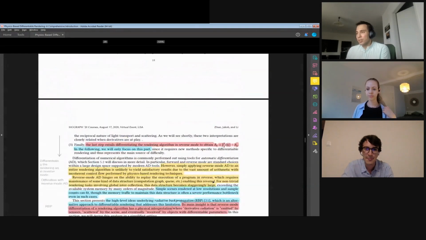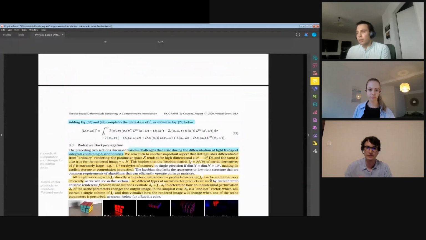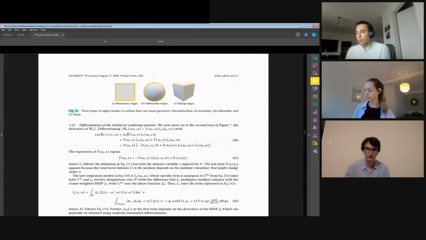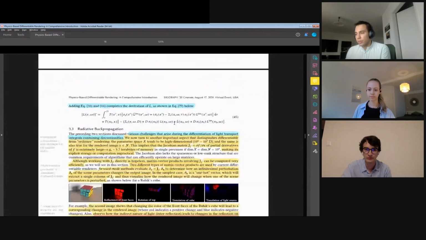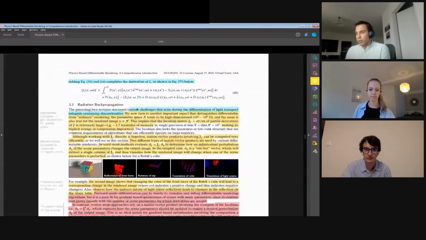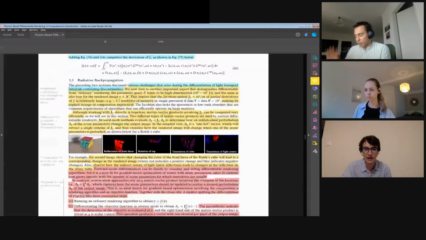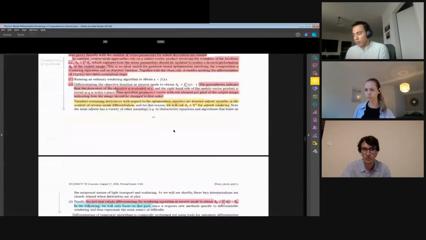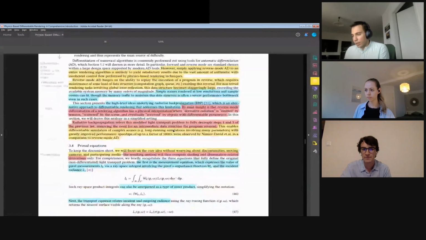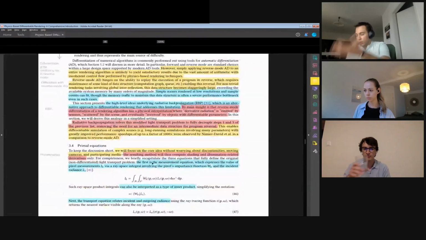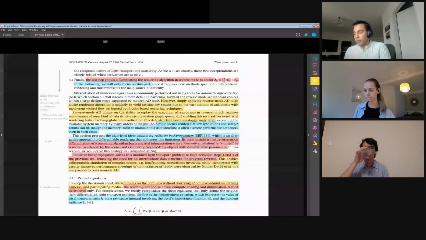I think you're right, especially I think so. We can actually skip the previous parts about the radiative transfer equation, etc. We suddenly land in this radiative backpropagation section, and I think that's really the great backbone. And the equation that you mentioned is also roughly in these sections.